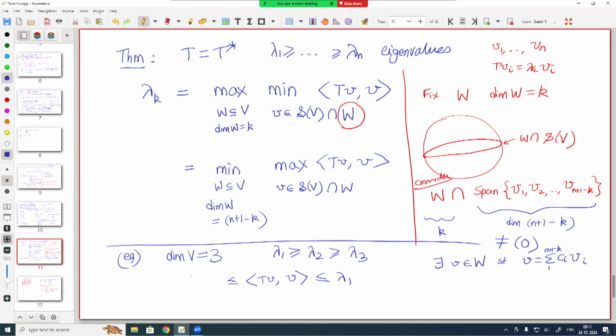On the other hand, it's greater than or equal to lambda n plus 1 minus k, because those are the two extremes. And now the minimum of Tv, v on this section is therefore, probably want the other side.